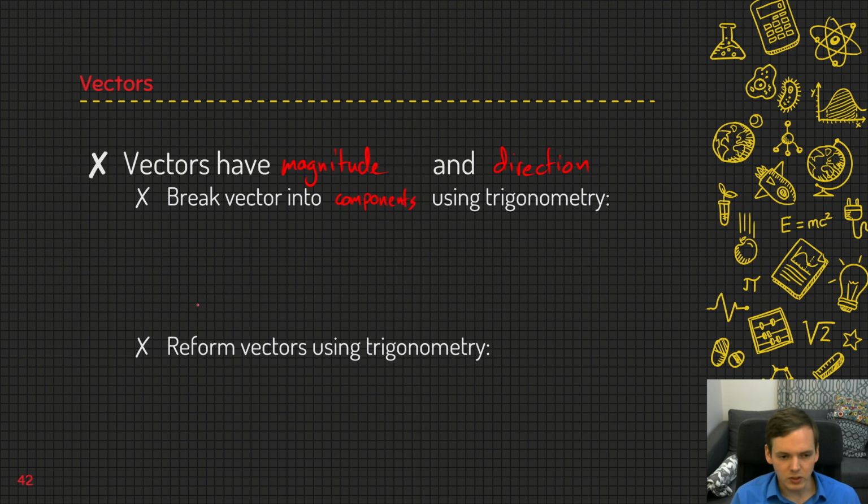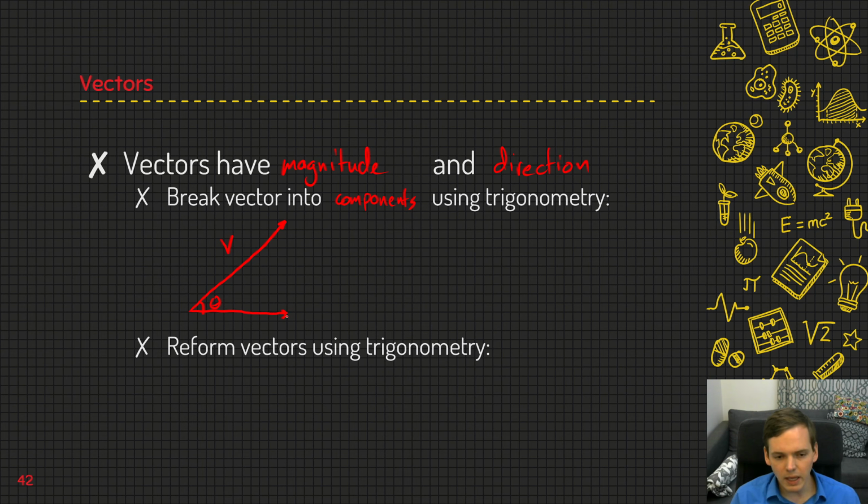using trigonometry. So if I have a vector like this, that we'll say is, let's call it velocity. So I have some velocity vector like this, and it's at some angle theta.